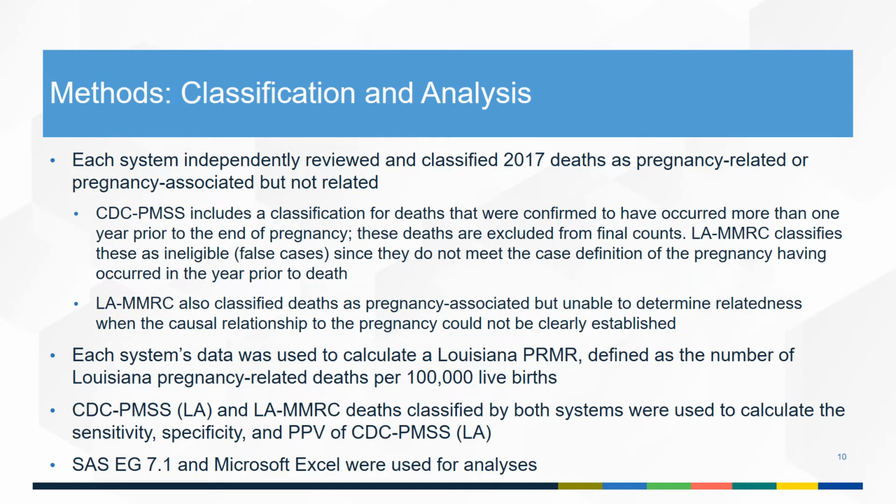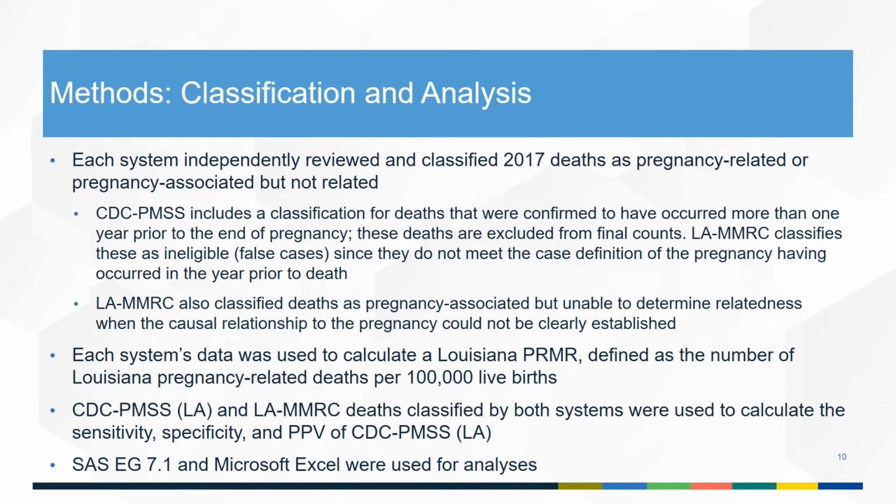PMSS also classified deaths as ineligible if either the pregnancy occurred more than 1 year prior to the death, or if the review team concluded that a pregnancy within the year prior to death was unlikely. Both of these scenarios were classified as false cases by Louisiana's MMRC. Louisiana's MMRC also classified deaths as pregnancy-associated but unable to determine relatedness, a classification that PMSS does not use.